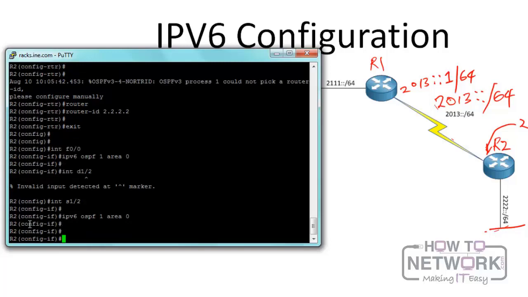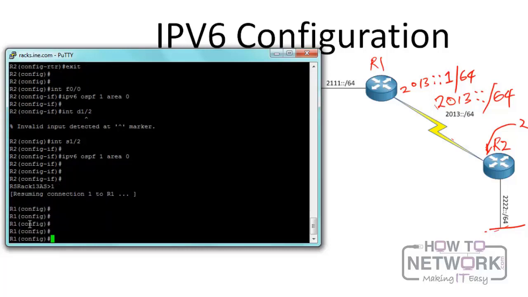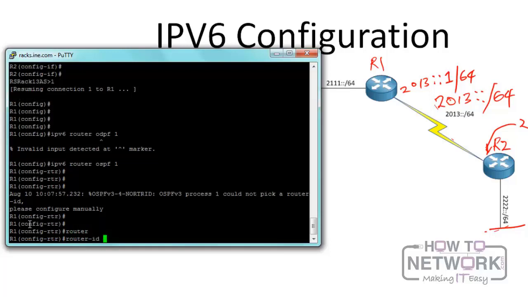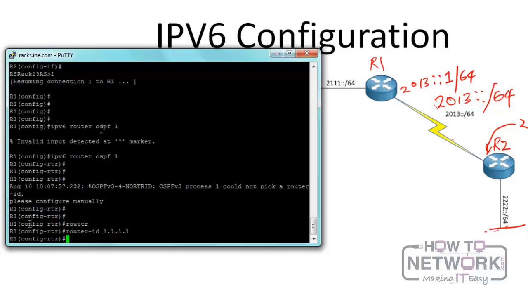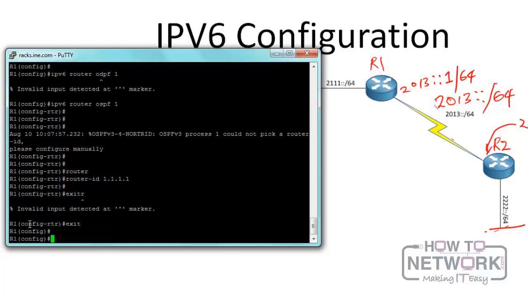So we're going to go to R1 to do the same thing. The first thing we do is configure OSPF, which is IPv6 router OSPF. And we have the same warning. So we configure the router ID and say router ID is 1.1.1.1. Then we come out of the router process and go into the interface.